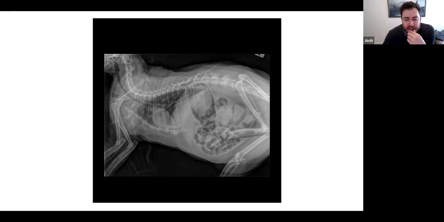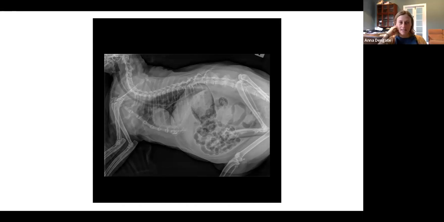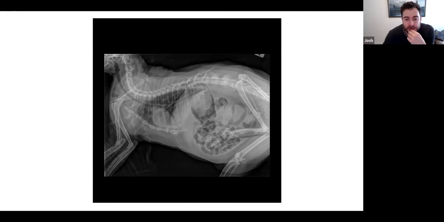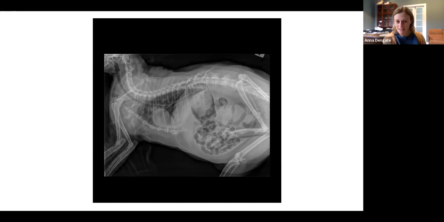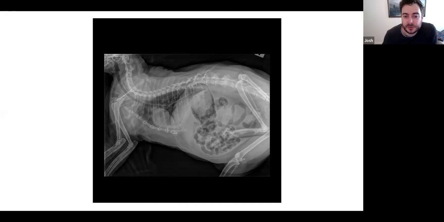How old is it? Is it young? It's actually 11. There's also gas in the esophagus or megaesophagus. Did you say there is or there isn't? I think I can see the dorsal line of the esophagus running through the thorax. Me too, yeah.